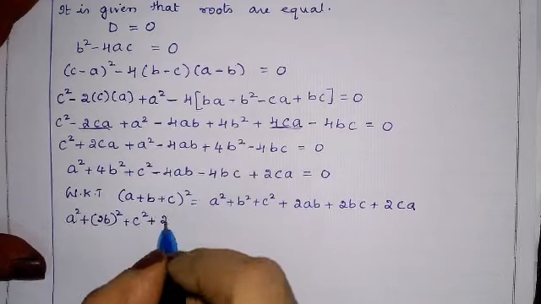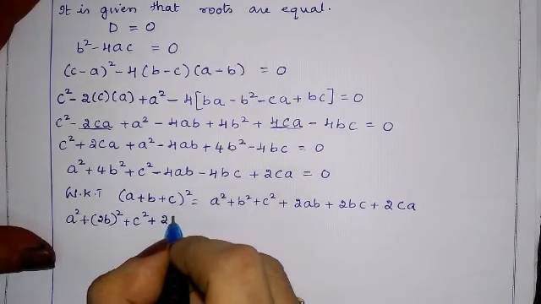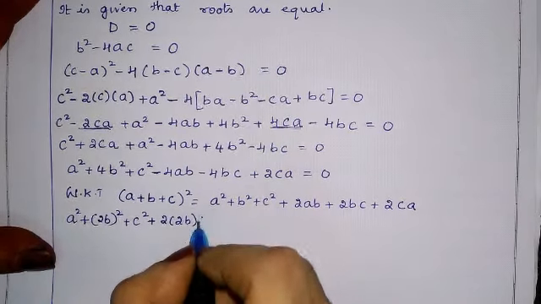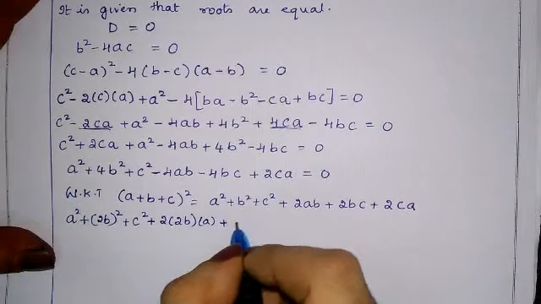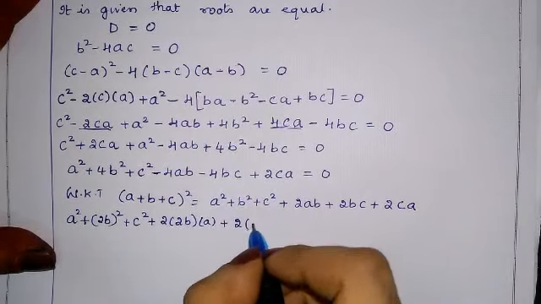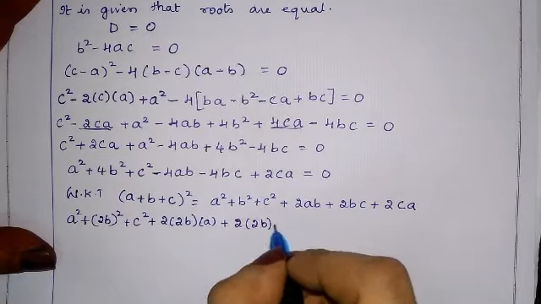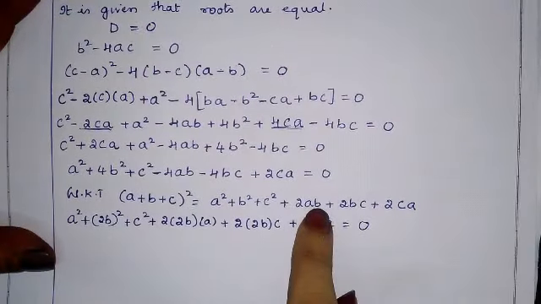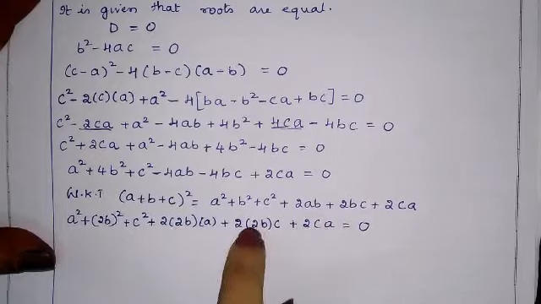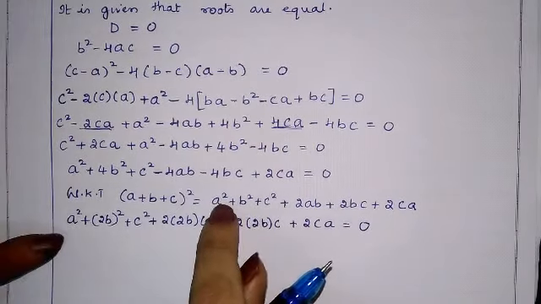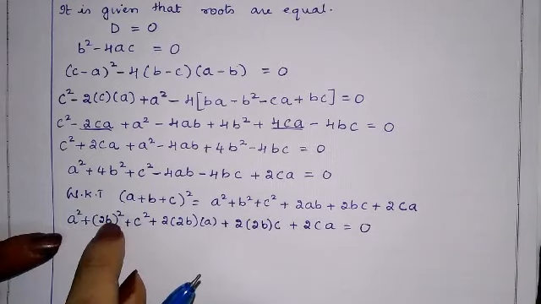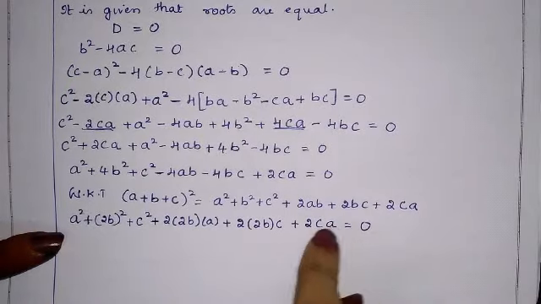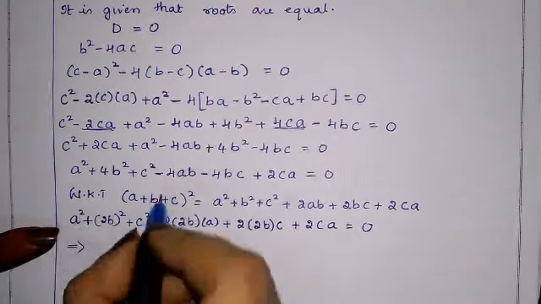We want now 2 into 2b into a, plus 2 into 2b into c, plus 2ca as it is, equal to 0. Now this is of the formula form: a square plus b square plus c square plus 2ab plus 2bc plus 2ca. It is formula form. So what will be the answer?